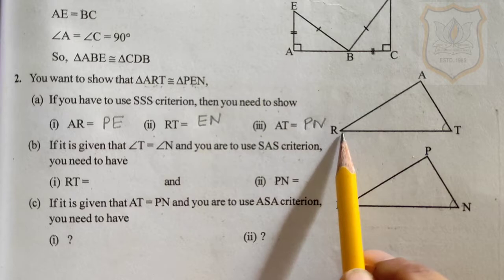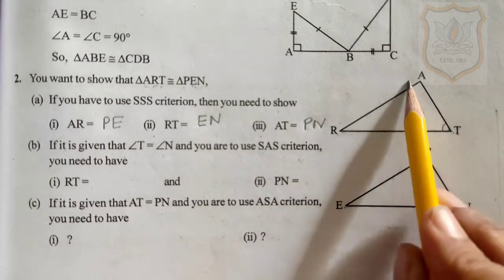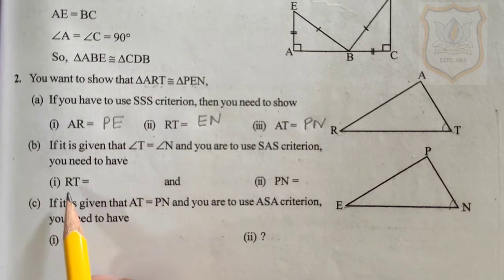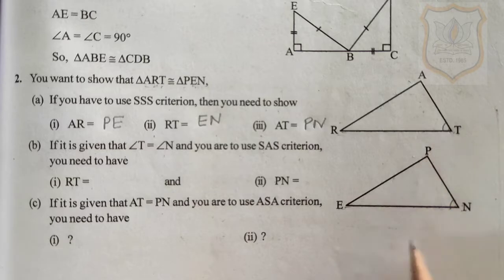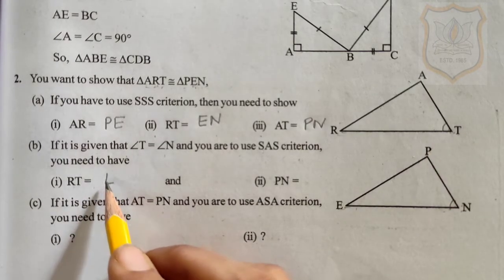So here the included angle is given, T. So the two sides whose included angle is T are RT and side AT, and here also EN side and PN side. So RT is equal to EN. So here we will write EN.